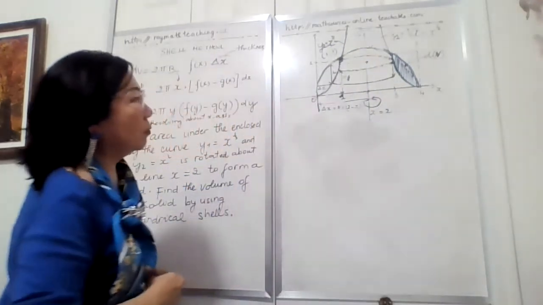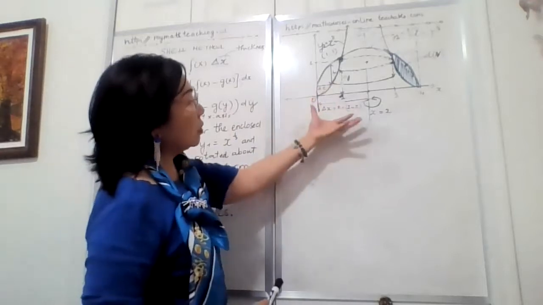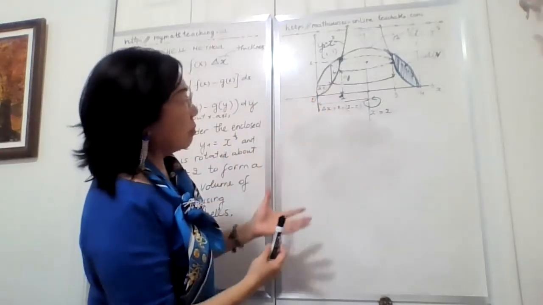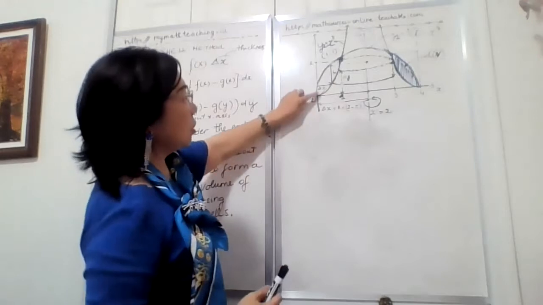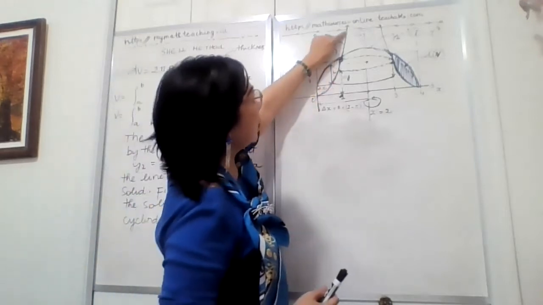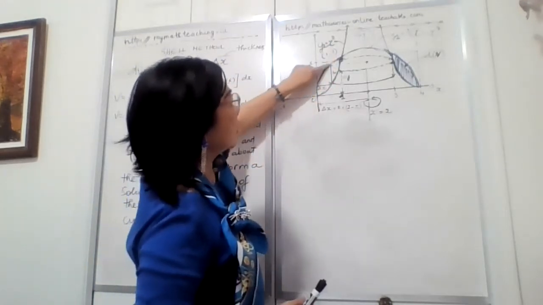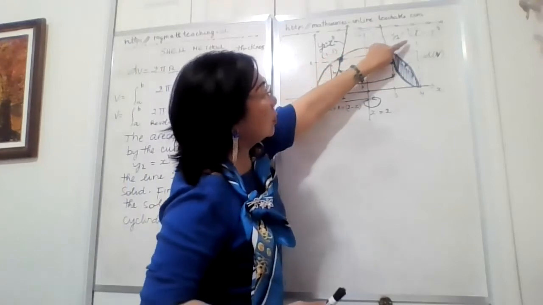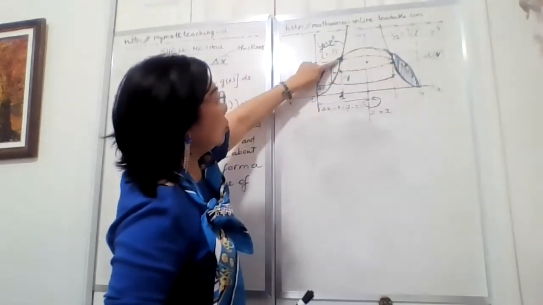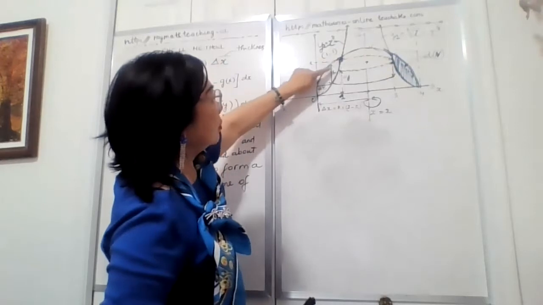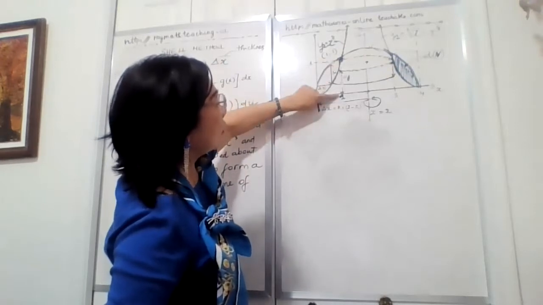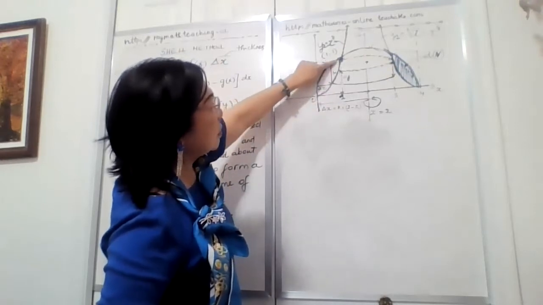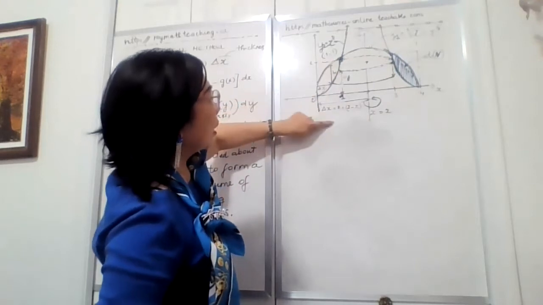Now, look at this diagram, you have some idea about the way we sketch it. First we sketch y equals x squared, then sketch y equals the third root of x. We know they intersect at 1 for the y and 1 for the x coordinate. This is the point of intersection.